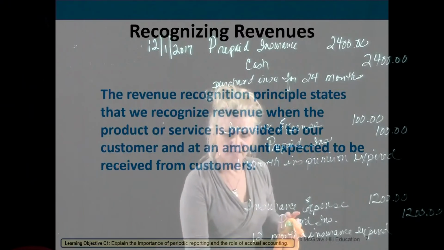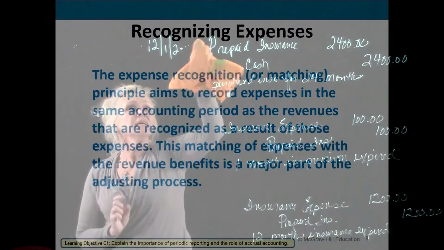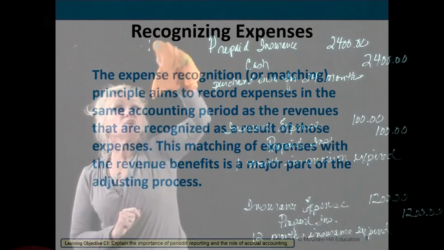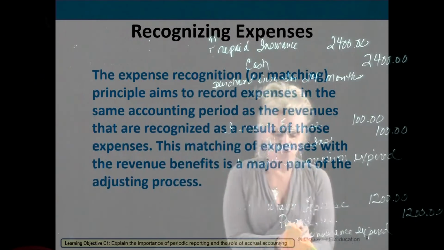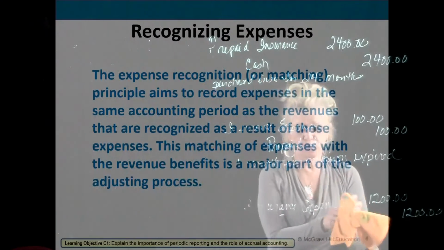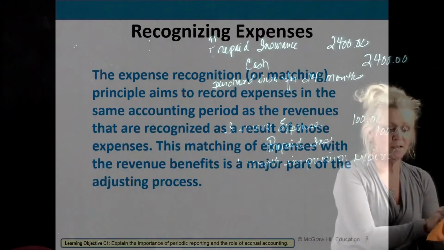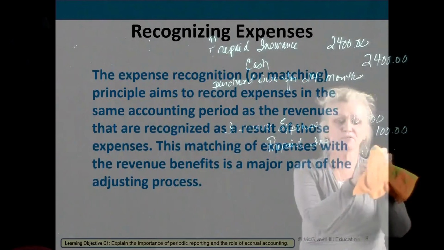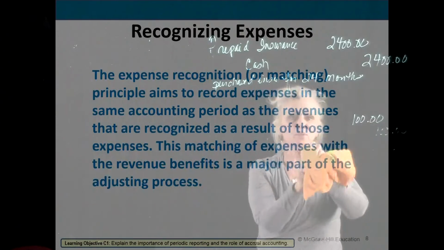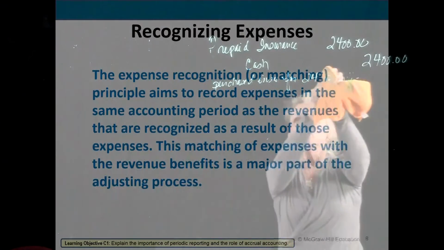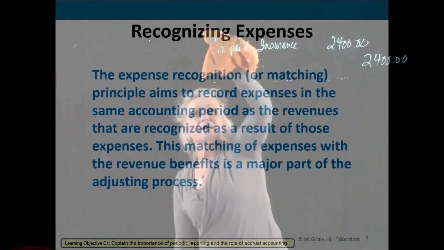And the expense principle says that we recognize expenses in the month that they incur, not necessarily when we pay them. So we know that we paid $2,400 for insurance on December 1st of 2017, but the whole $2,400 didn't apply to that December. 12 months applied to 2018, and then another $1,100 applied to 2019.